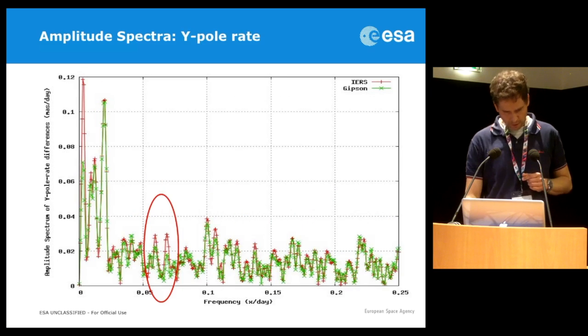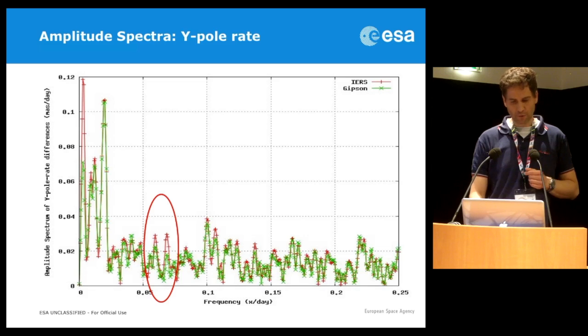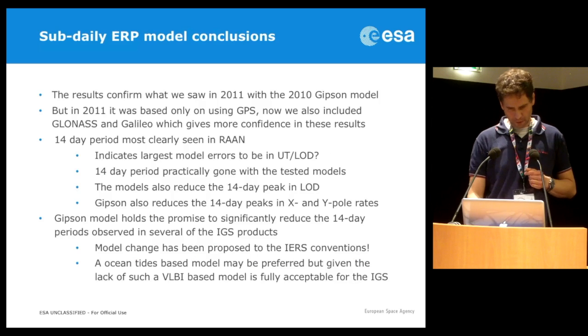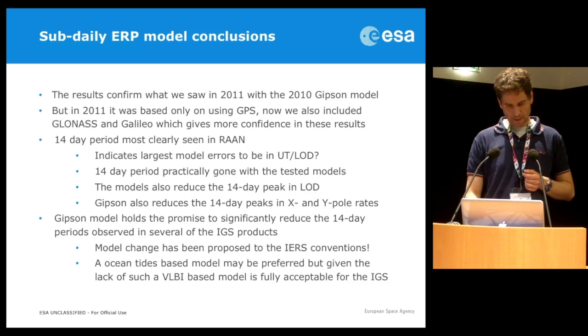Okay, so some conclusions. The results basically confirm what we saw in 2011 with the old Gibson model, but that was just based on GPS. Now we have GLONASS and Galileo, so that should give some more confidence in the results.